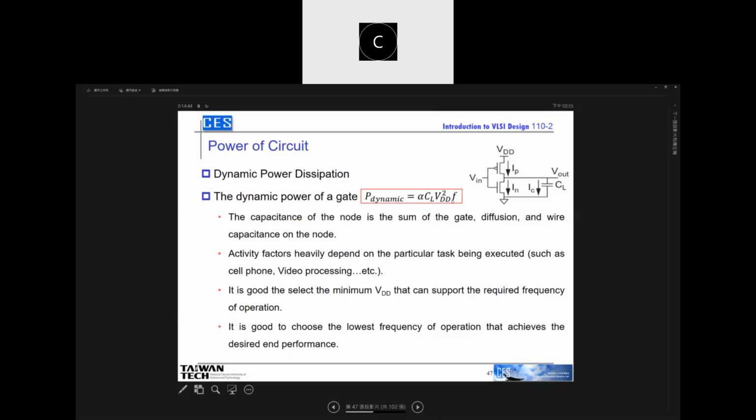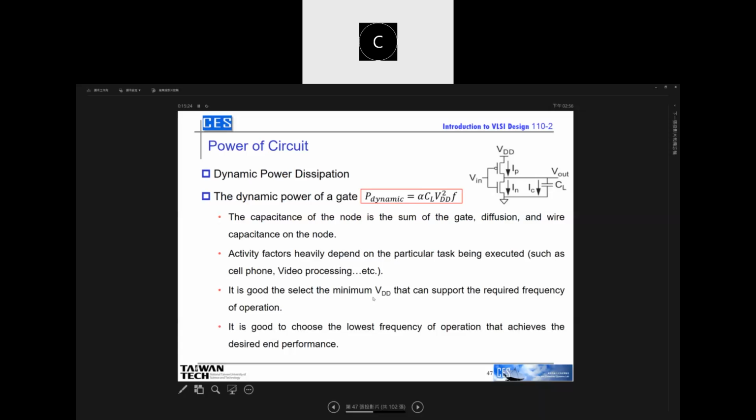Based on F and VDD, you can see that if you reduce the VDD, which is the supply voltage, you can reduce the dynamic power, especially because this is VDD squared. So reducing the VDD is one approach to reduce the power consumption. From the low power point of view, you want a minimum VDD, as low as possible, because you can reduce the power.